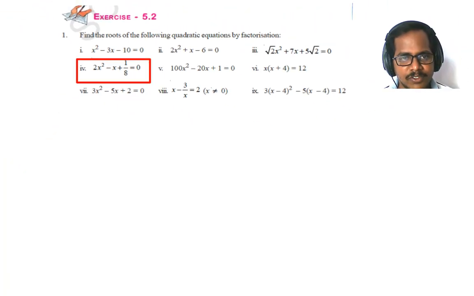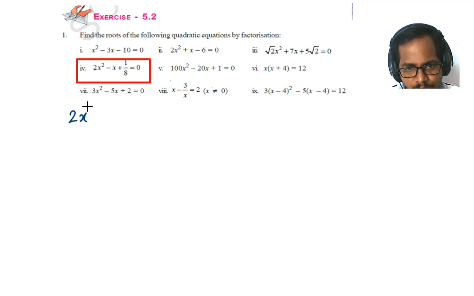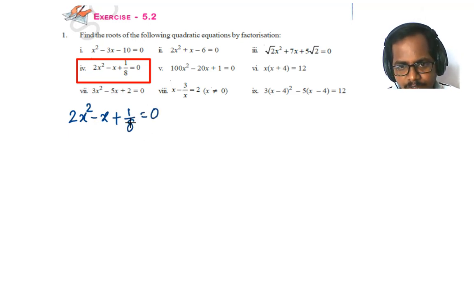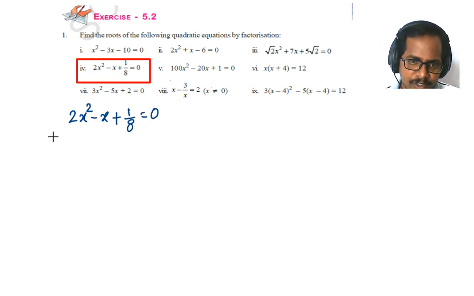So let us do this. First I am writing the given equation, that is 2x square minus x plus 1 by 8 equals to 0. Now to eliminate the 8 which is in the denominator in the constant term, we are going to multiply this equation with 8 on both sides.